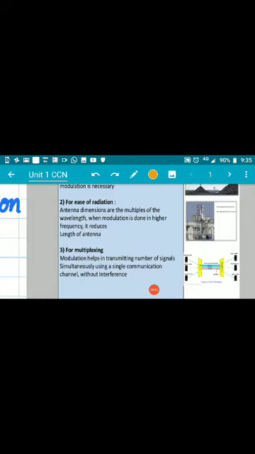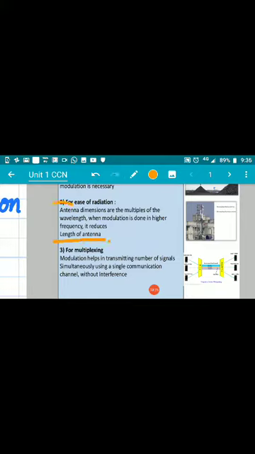The second point that we are going to discuss is ease of radiation. Why is it called ease of radiation? Because when modulation is done at higher frequency, it reduces the effort that is put into designing the antenna. How, sir?